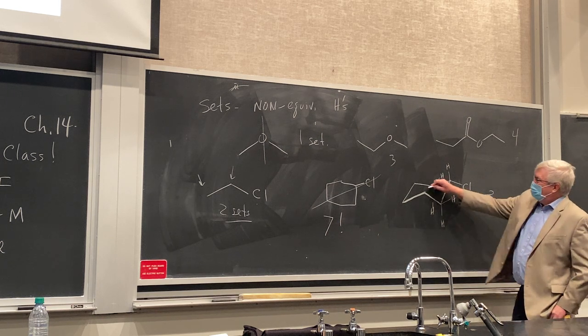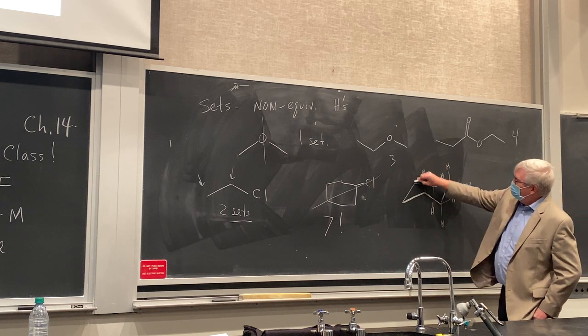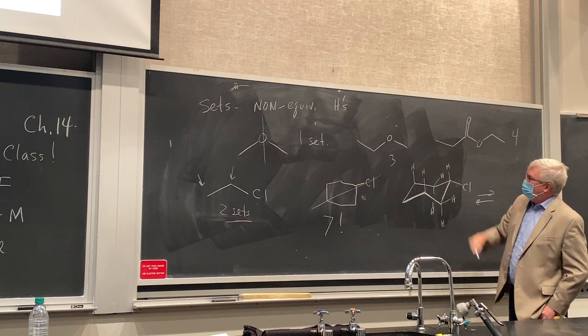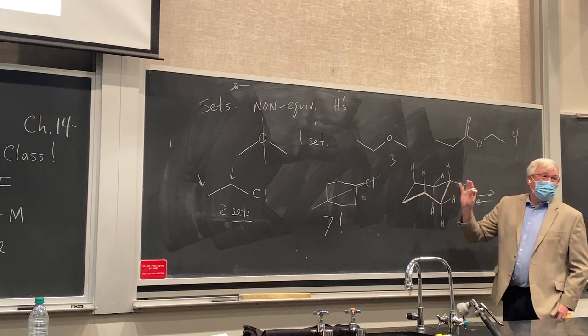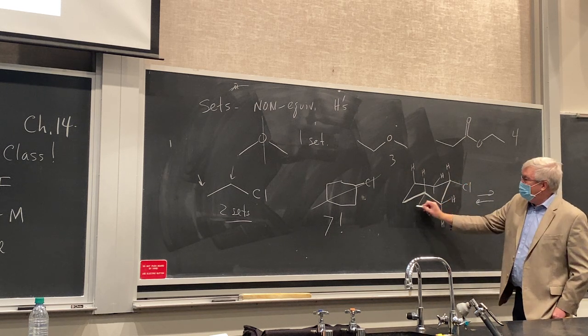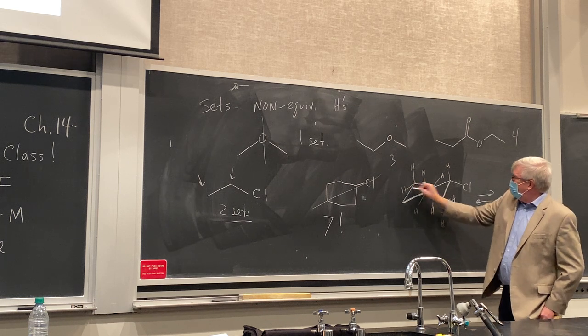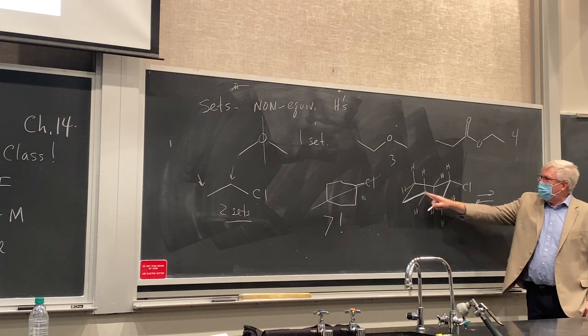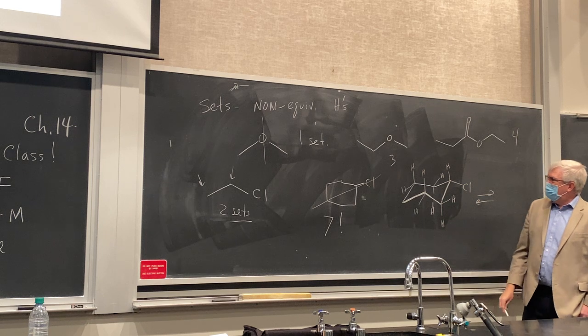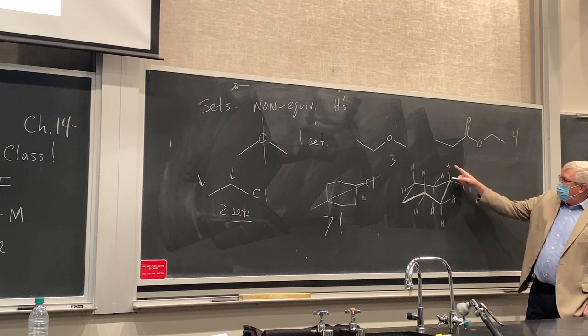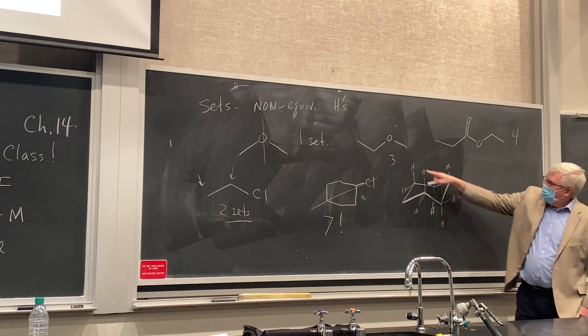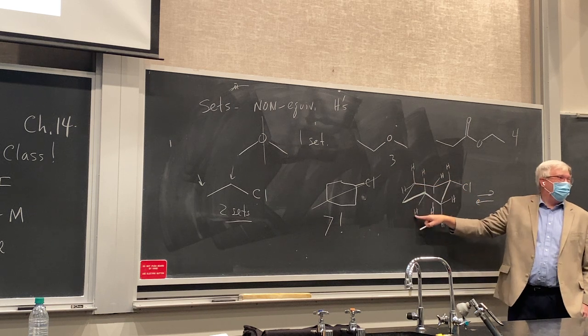Let's see. So then you have this axial and this axial. Those are the same, but they're a different set, right? And then you have the equatorial here, or here. And yeah, those are cis. These are trans to it. So what are we up to? 1, 2, 3, 4, 5.